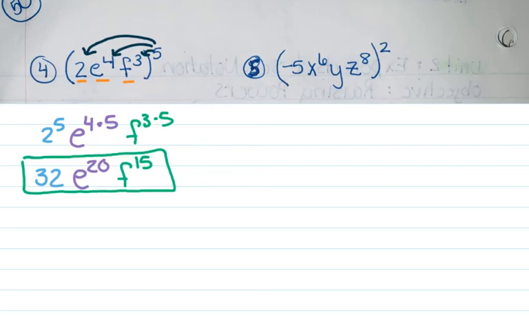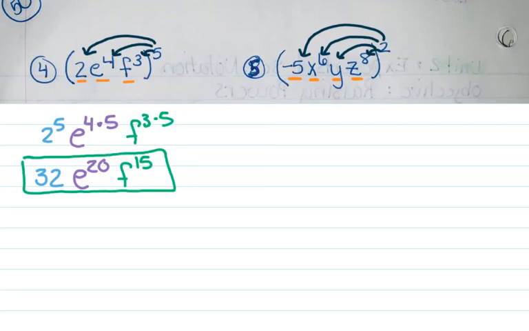Okay, so again, I want to pick out my bases here. So I've got 5, x, y, and z. So that means this 2 needs to be distributed 4 times. So it's going to the 5, it's going to the x, to the y, and to the z.